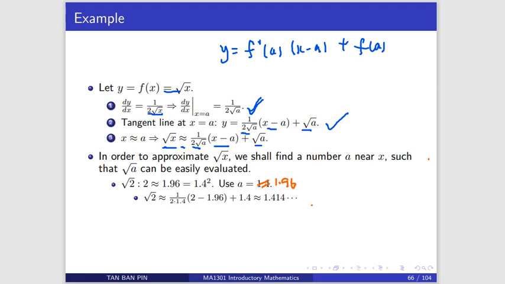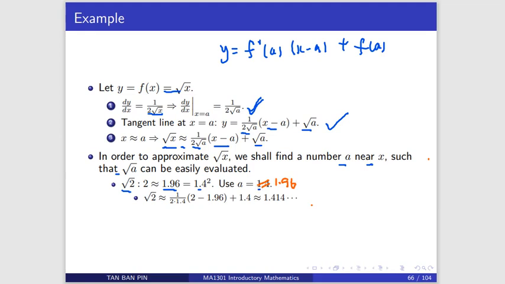And to approximate square root x, you must find a number a near to x, such that square root a can be worked out easily. So if you want to approximate square root 2, you can choose 1.96 as your a, because 1.4 square is 1.96.